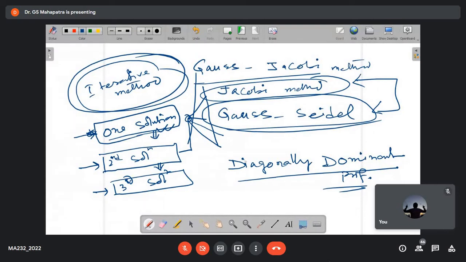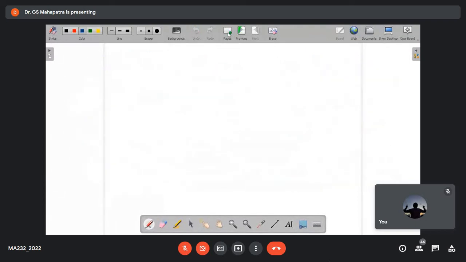Okay, so now the diagonally dominant property. What is the diagonally dominant property? First of all, let us consider a system of n equations. A11 x1 plus A12 x2 plus A13 x3 up to A1n xn equals v1.